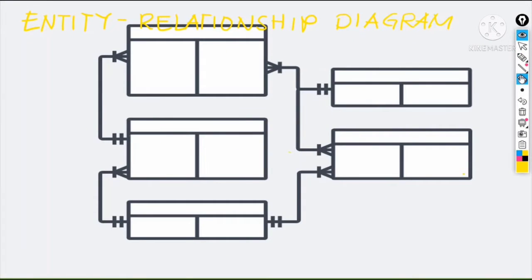A data model commonly used by traditional analysts and database analysts is called the Entity Relationship Diagram, or ERD.